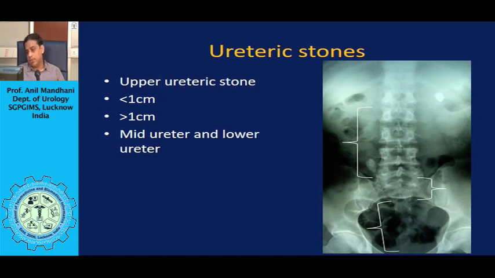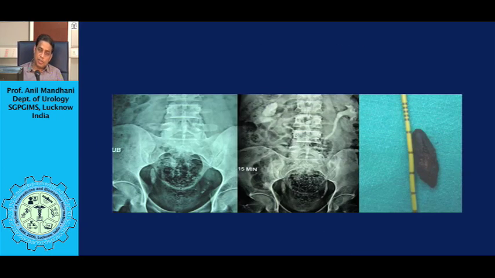And there should be one value of residue: how much urine is remaining in the bladder? That's called post-void residue. It is also very important to know that because that has a different implication. So his bladder capacity seems to be good and he's passing urine at the maximum flow rate of 11.6 milliliters per second.